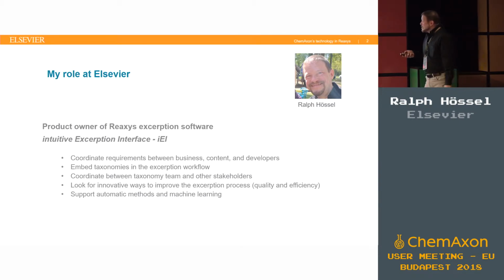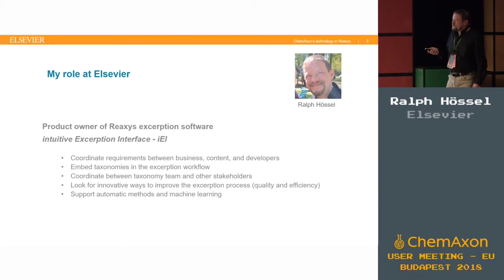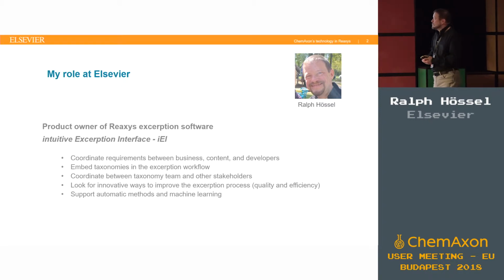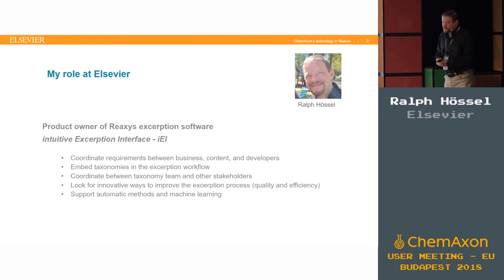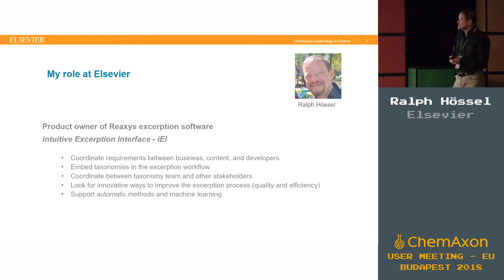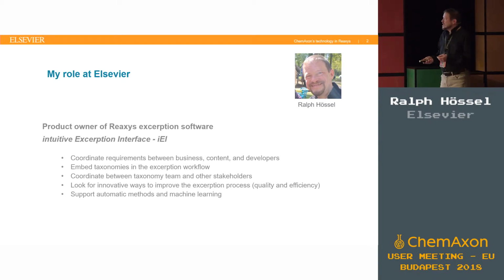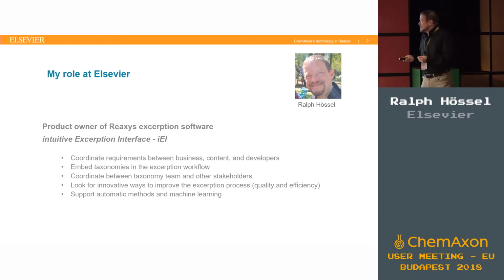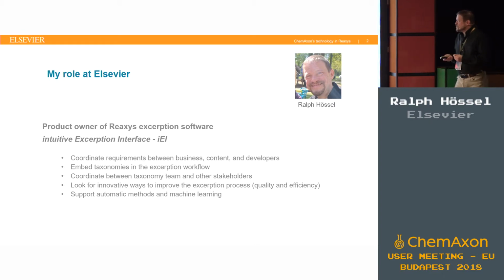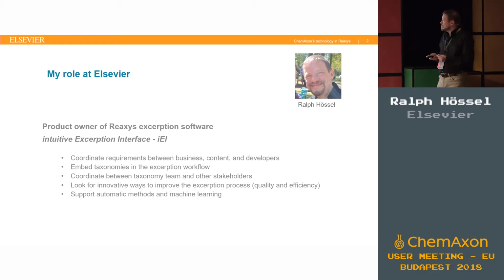Allow me some quick words about myself. My role at Elsevier is the product owner of the excerption software. We call it Intuitive Excerption Interface. So basically, it's coordinating requirements between business, content, and developers to make sure that the taxonomies which we are using are up to date and that everything is coordinated between the taxonomy team and the other stakeholders.